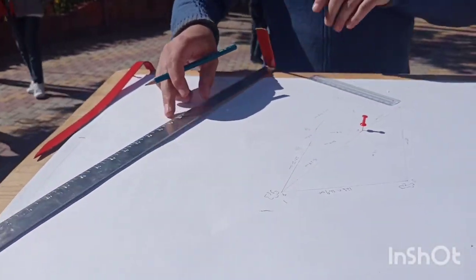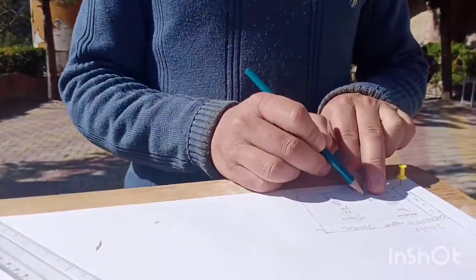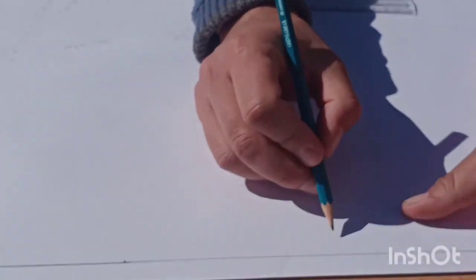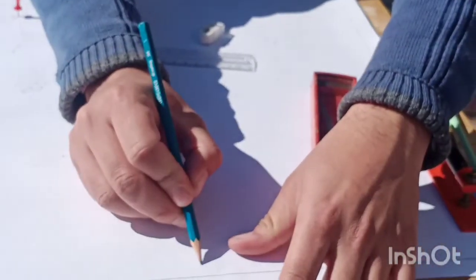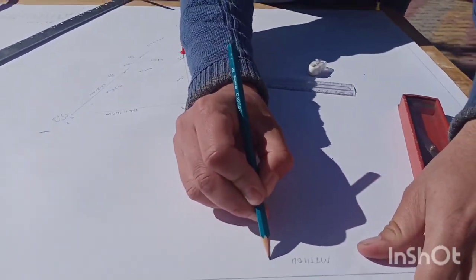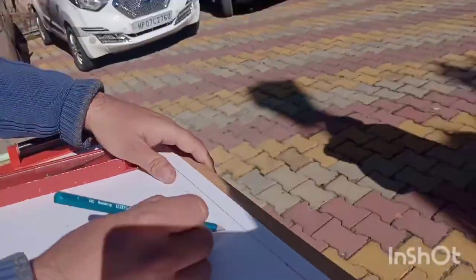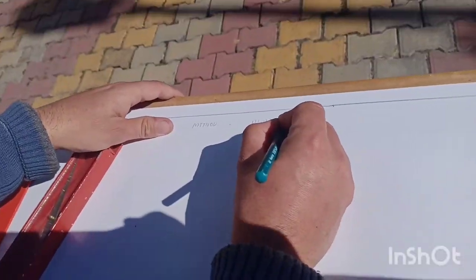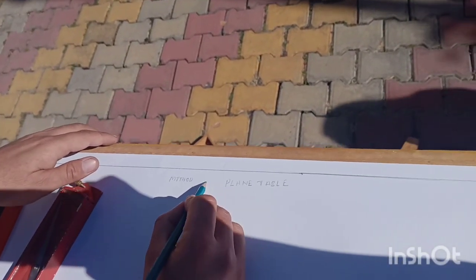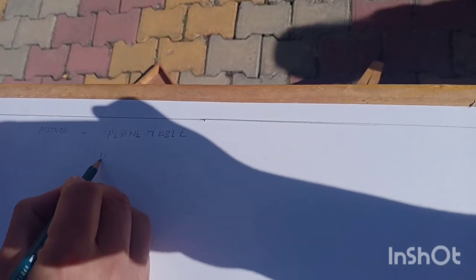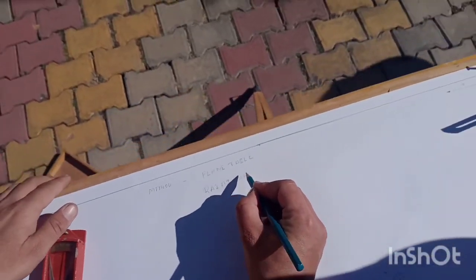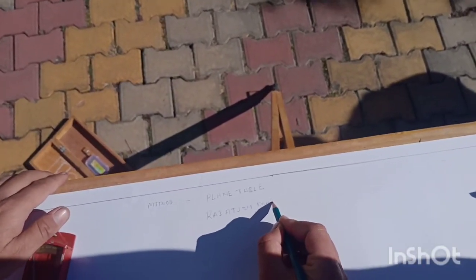This is our symbol here for a plane, tree, and so on; all are mentioned here. Our method is plane table survey, radiation method.